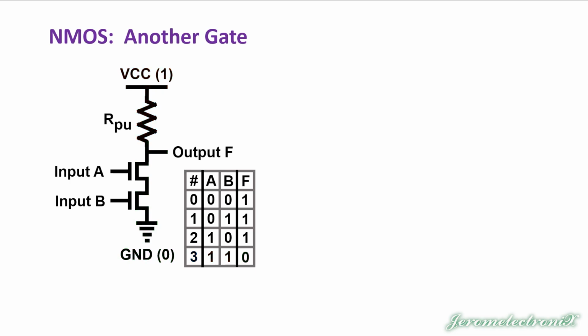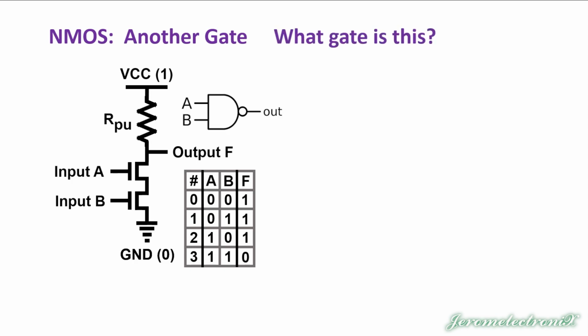But before you go, we should probably identify which gate this is. Well, we have an output of 1, 1, 1, and 0. Now, my students should know by now, they should be familiar with this pattern of the truth table, and they should realize that this is a NAND gate. Basically, what we're doing is multiplying A and B and then reversing the result.